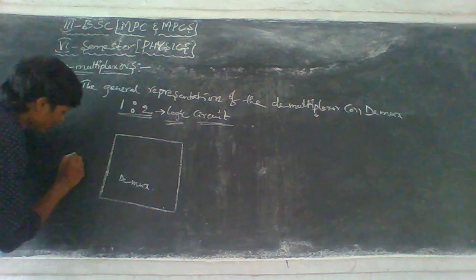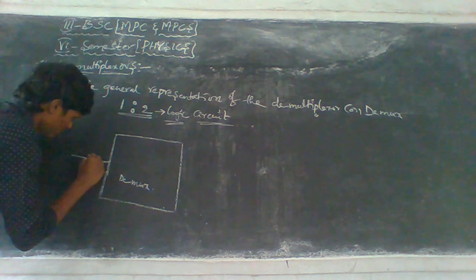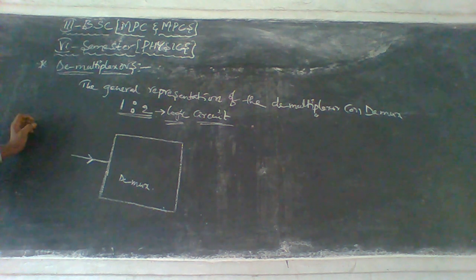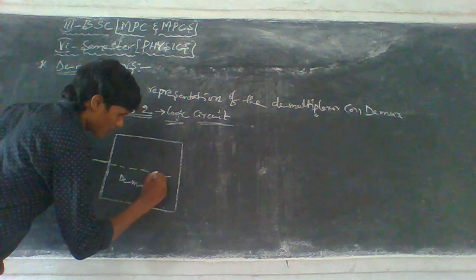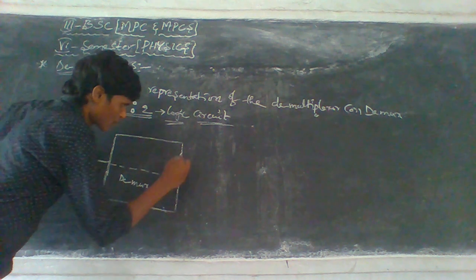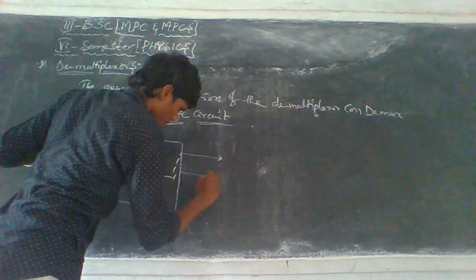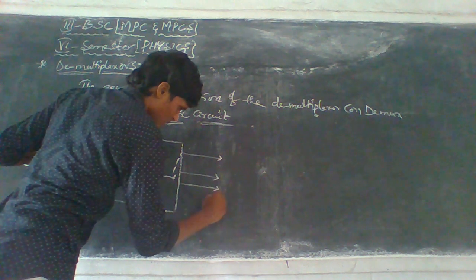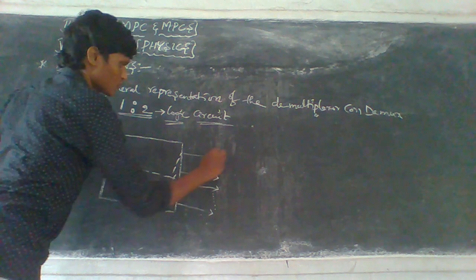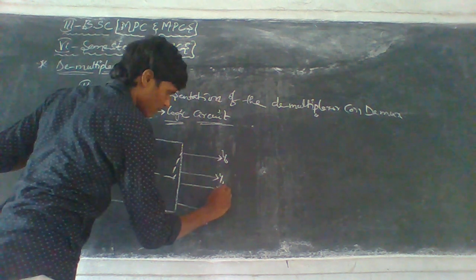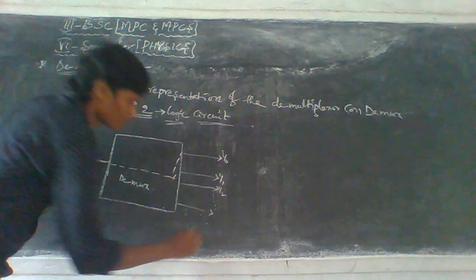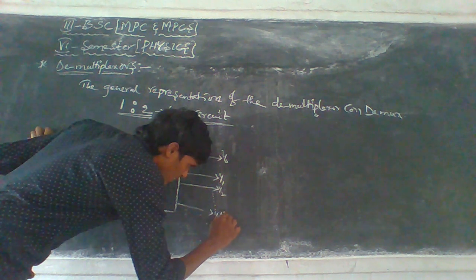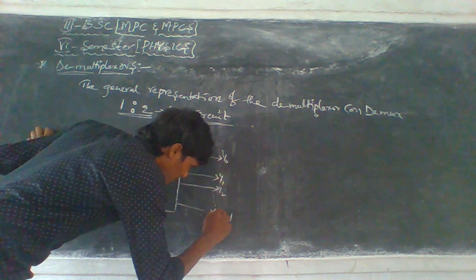Okay, so it has one input signal and several output signals, and so on. So these are Y0, Y1, up to Y2 power n minus 1.